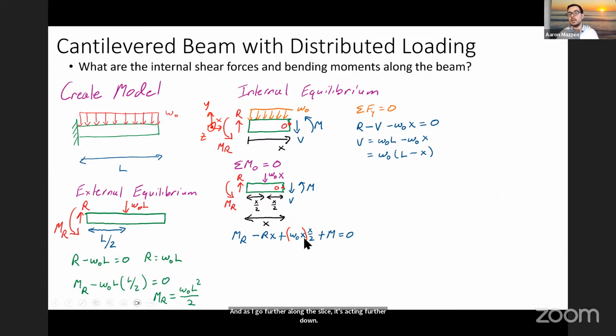I think that's something important to keep in mind as we perform internal equilibrium. So we go ahead and calculate this internal moment. As we see here, we're performing the appropriate algebra and a little bit more algebra.